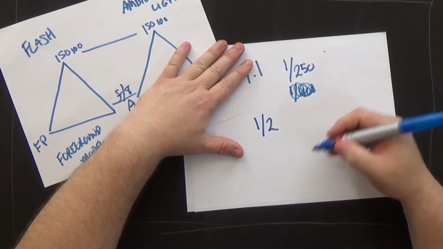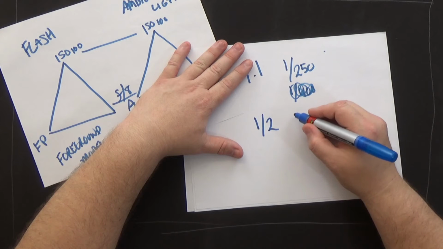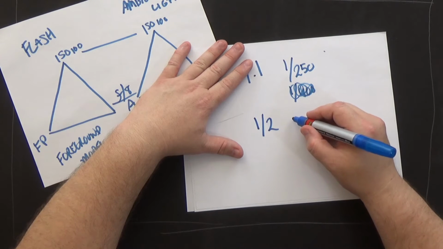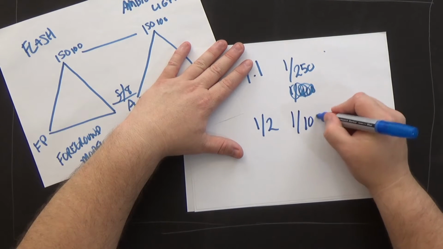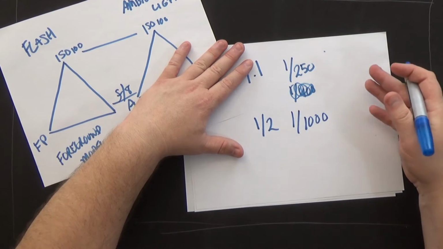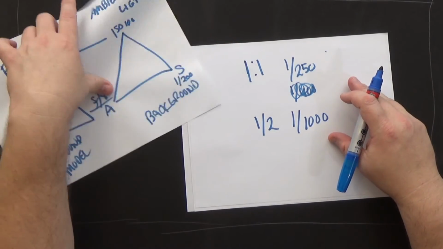Most flash power, it's anywhere between 1/900th or 1/1000th of a second. Let's just say 1/1000th for this tutorial, which is fairly close. So if we're only using half power on our flash, it's going at 1/1000th of a second. Therefore, it's still way, way faster than our current shutter speed.